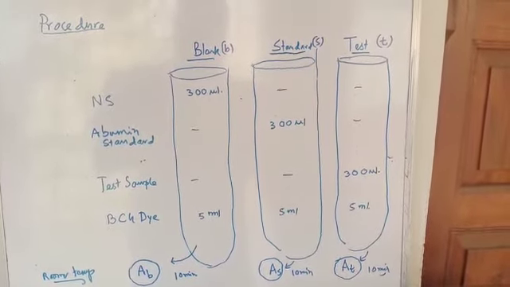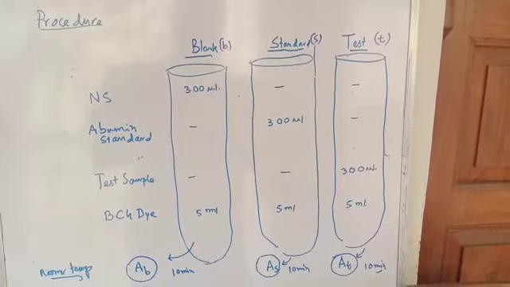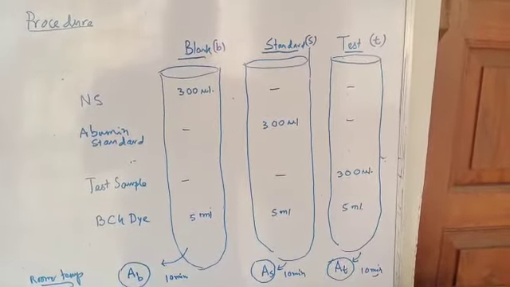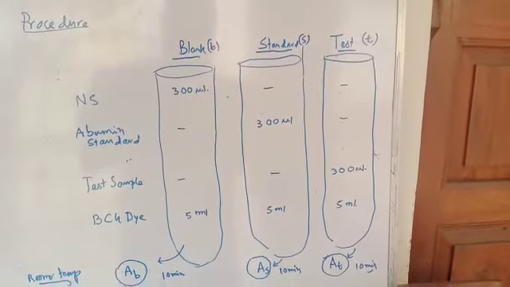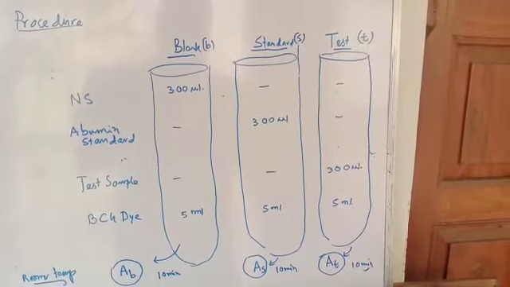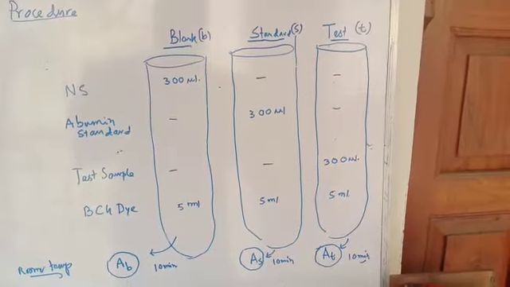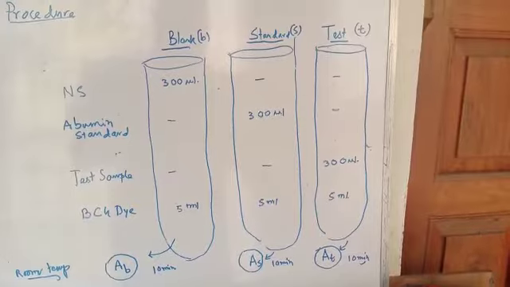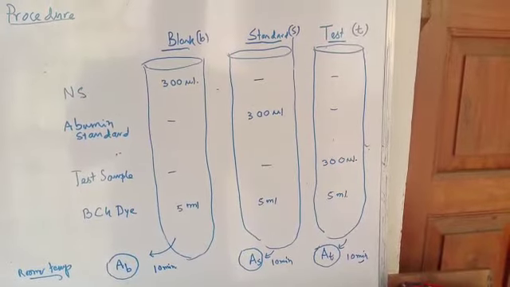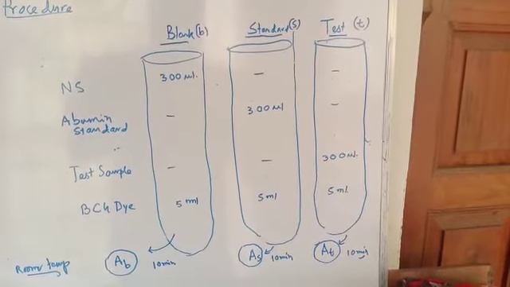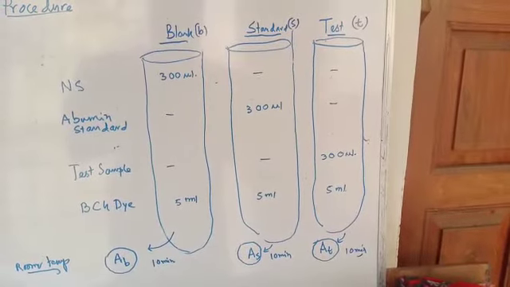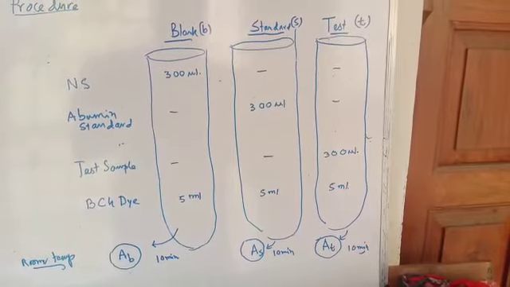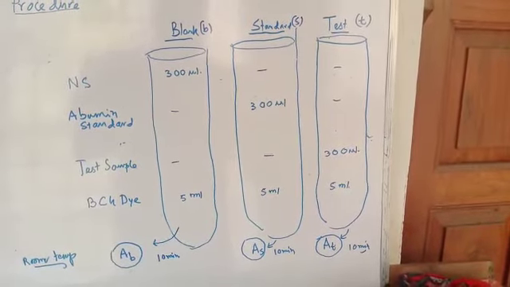In the blank test tube, we put 300 microliter of normal saline, and in the standard test tube we put 300 microliter of albumin standard, and in the test sample test tube we put 300 microliter of sample, and in all test tubes we take 5 ml of working BCG dye.